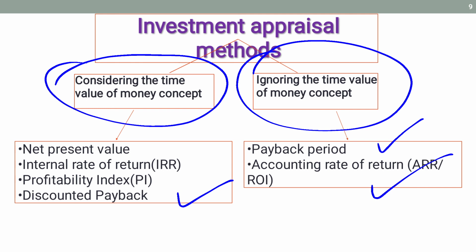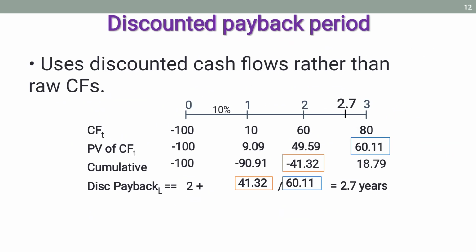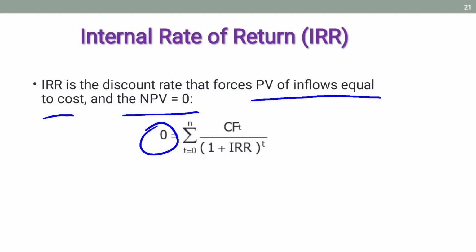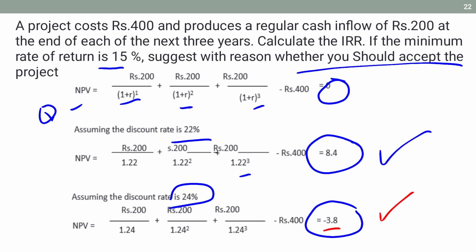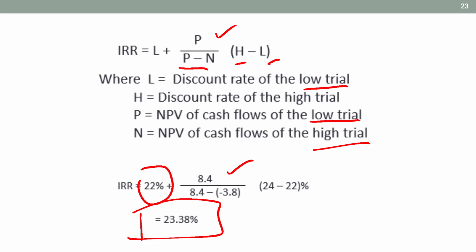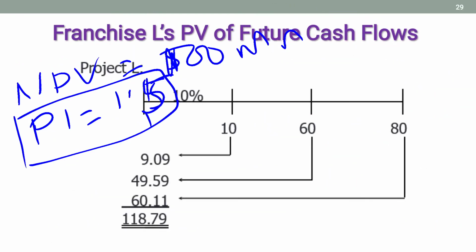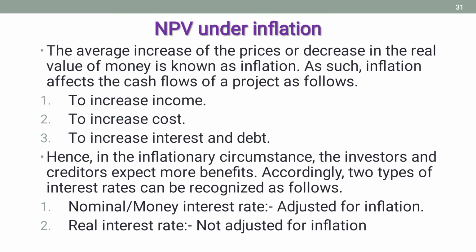Under the methods considering time value of money, we discussed NPV, IRR, profitability index, right? So one part I have to cover as a full question, considering tax adjustment, depreciation, and inflation, which I am planning to do as another video clip, right? I will meet you in the next video. Thank you very much.